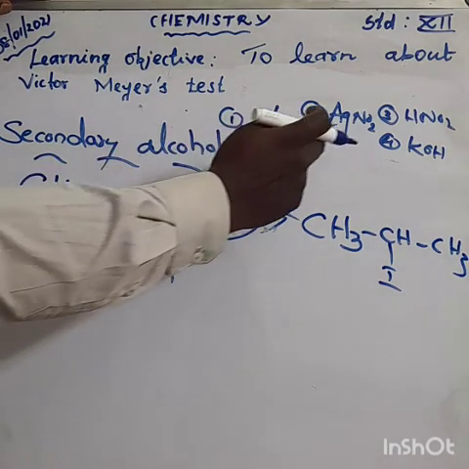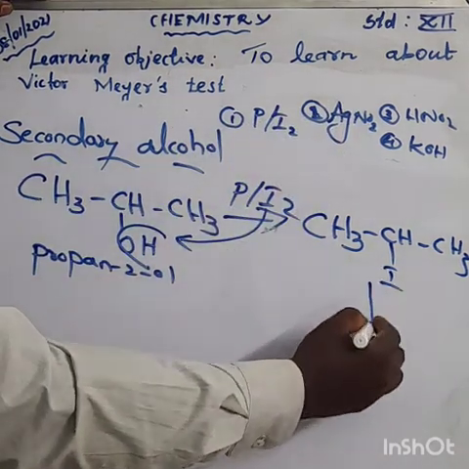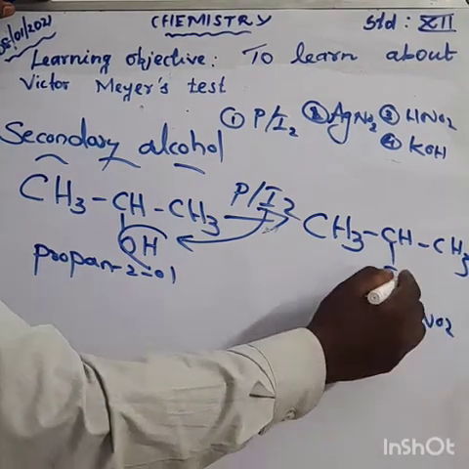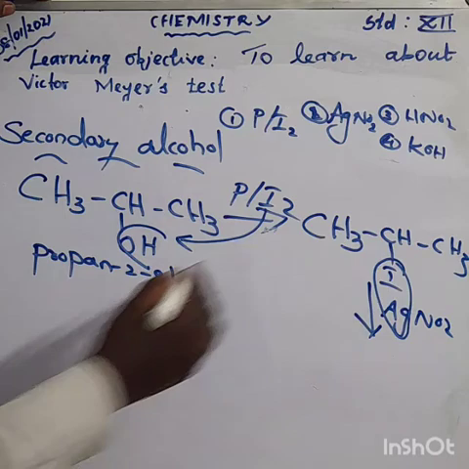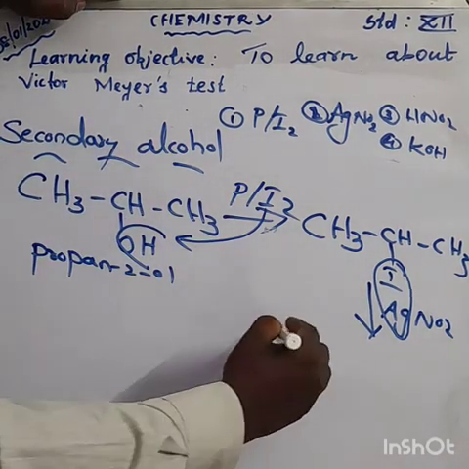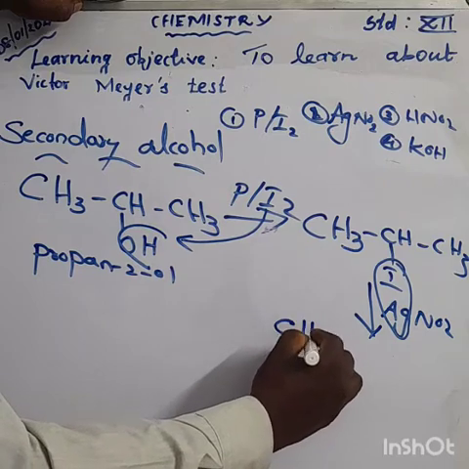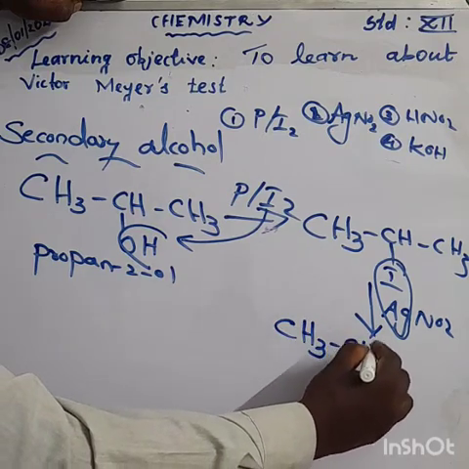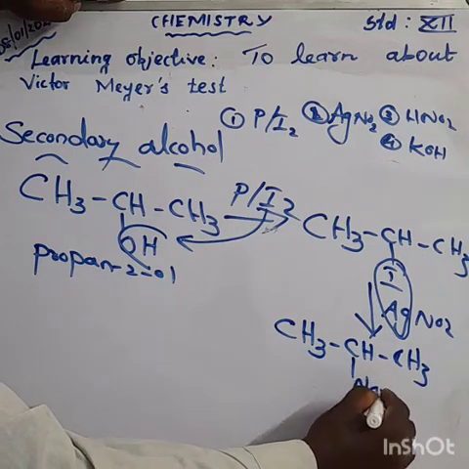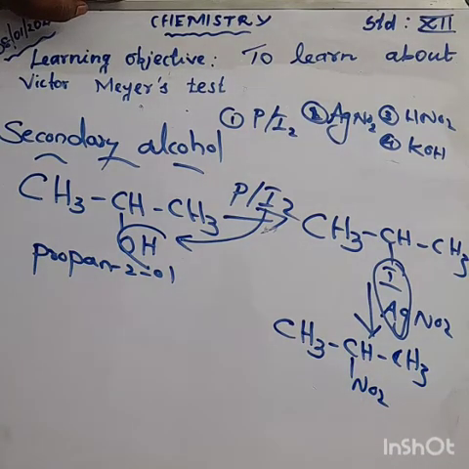Next step, AgNO2. Ag combines with I to form AgI. The NO2 will be attached there. So what's the product here? CH3CHNO2CH3.